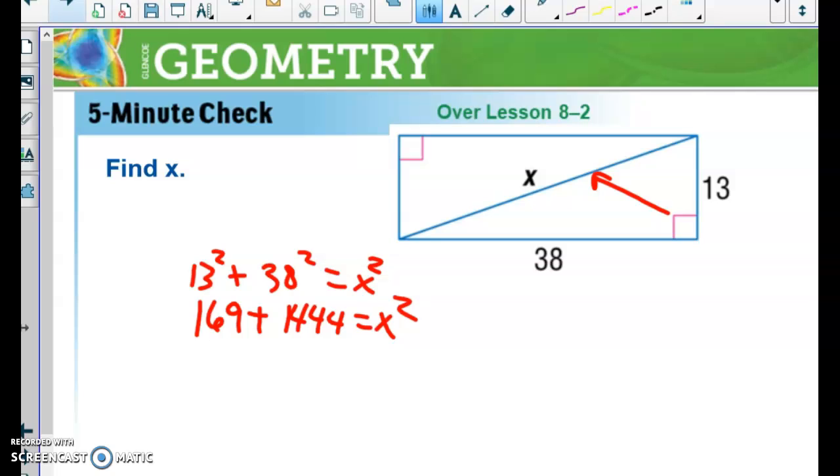And when I add them together, I'm going to get 1613 equals x squared. If that's a perfect square, I would simplify it, but if it's not, I'm going to leave it as the square root of 1613, because I want the exact answer, not some decimal, 40 point whatever it is.